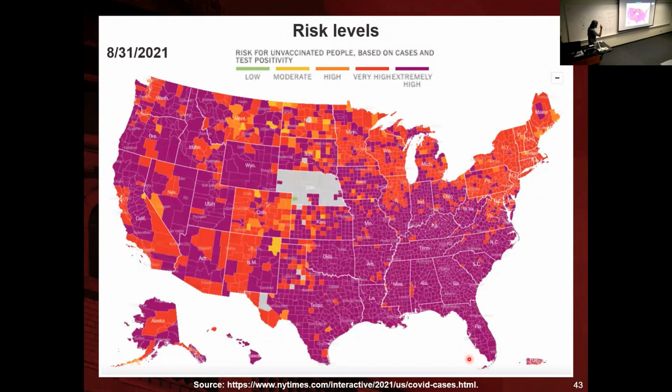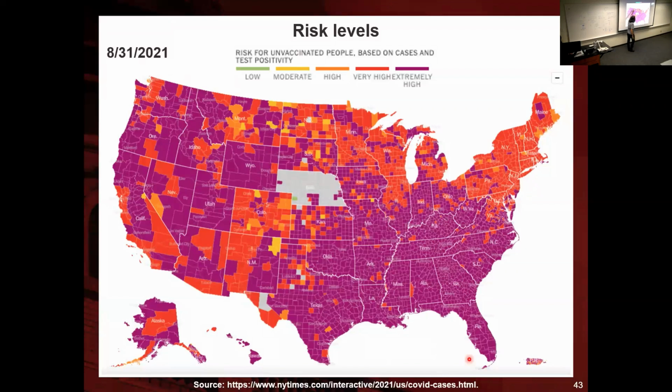Risk levels. I don't know exactly how this indicator was calculated. I didn't really read the specific methodology on this website, but it's an indicator based on the percentage of people that are unvaccinated, the amount of cases in those areas, and the positivity rate in the tests, the percentage of people that test positive whenever they get the COVID test.